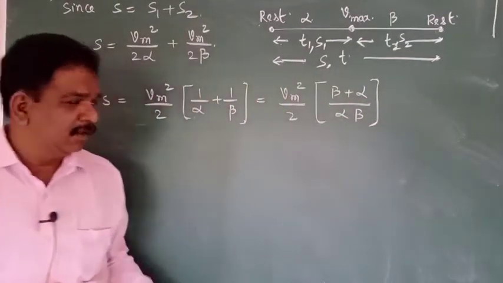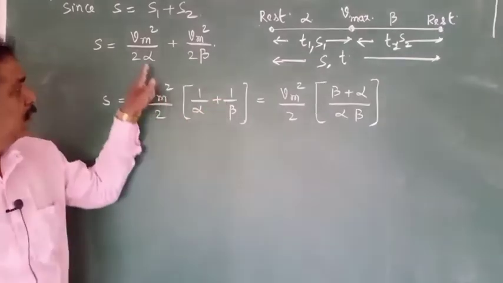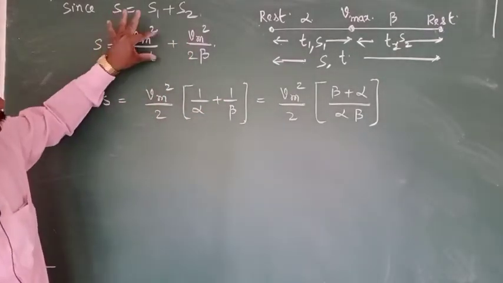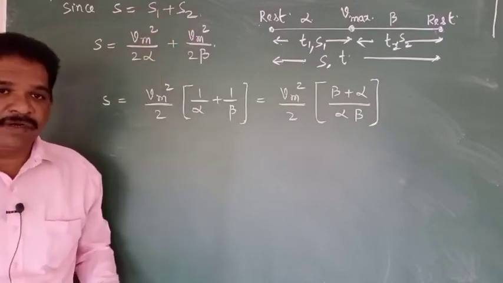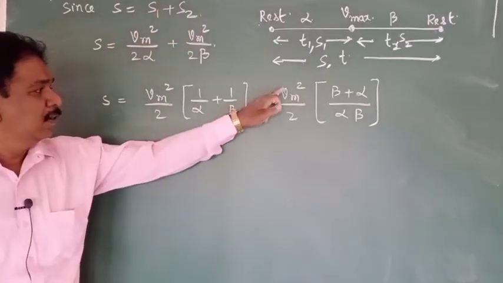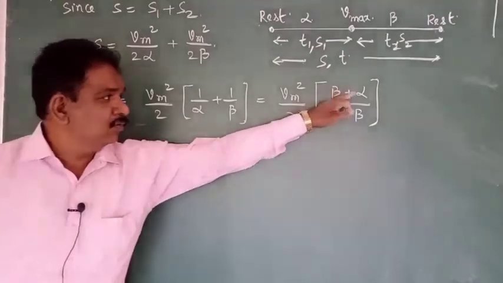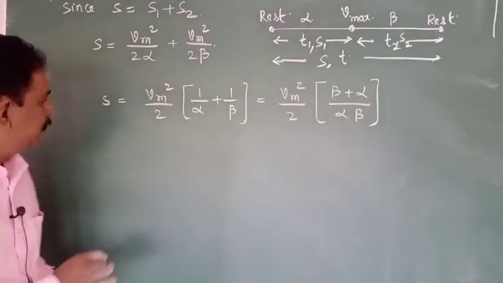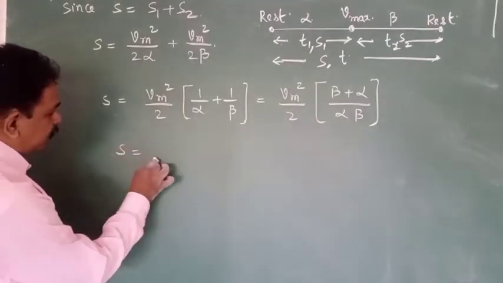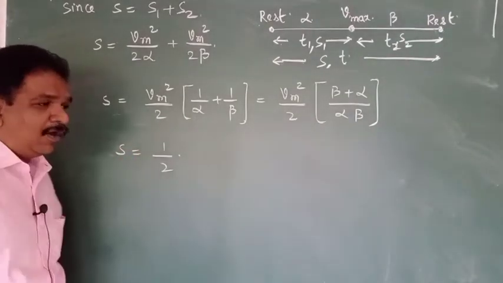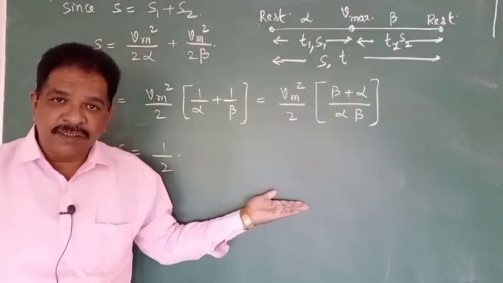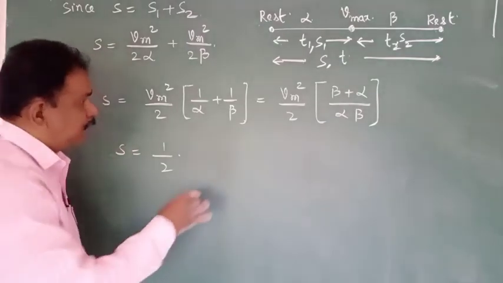Isn't it understood? Just LCM. In this, I took Vm square by 2 common. Here 1 by alpha will be there, here 1 by beta will be there. Vm square by 2 into beta plus alpha by alpha beta. Vm we just derived as alpha beta t by alpha plus beta.